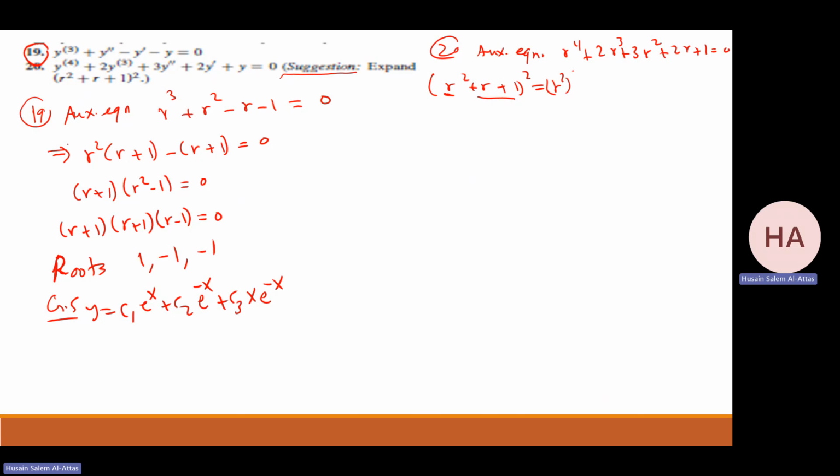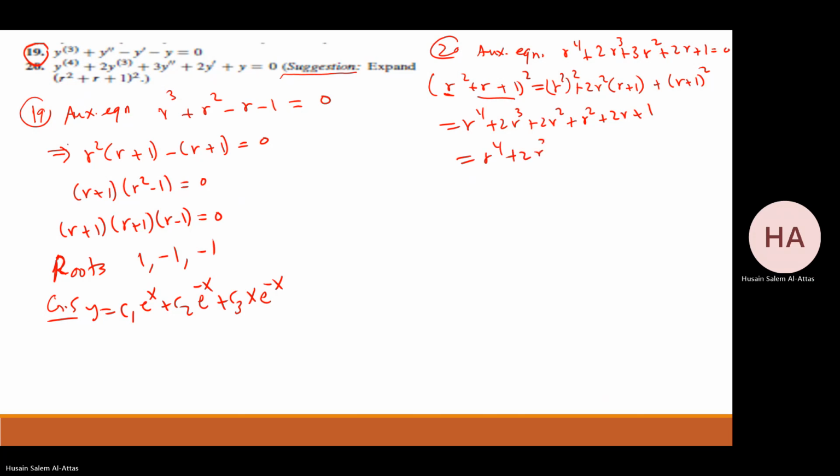So you have r squared plus 2 r squared (r plus 1) plus (r plus 1) squared. That gives me r to the power 4 plus 2r cubed plus 2r squared plus r squared plus 2r plus 1, which is this one. So the auxiliary equation will be (r squared plus r plus 1) squared equals 0.